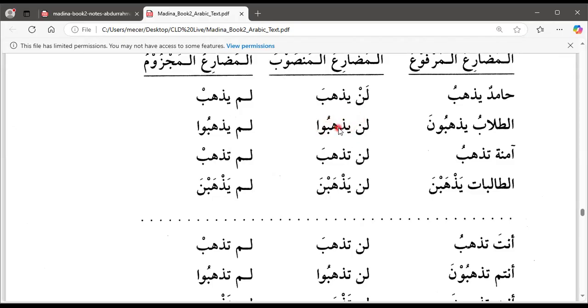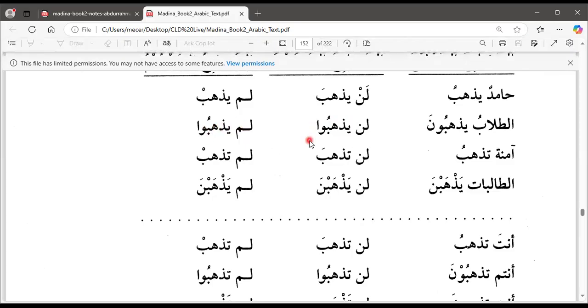This is fi'l mudari' mansubun bihadhf nun, we delete the nun. But if we bring lam, we say lam yadhabu, it is the same. Fi'l mudari' majzumun bihadhf nun. So we do have here the hadhf nun.